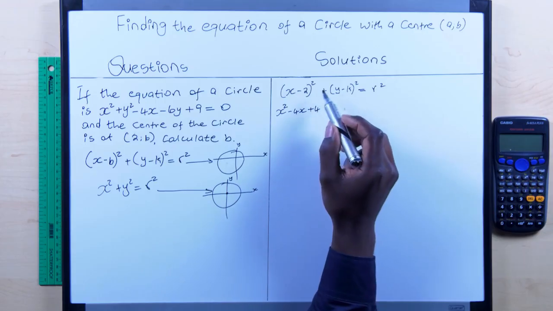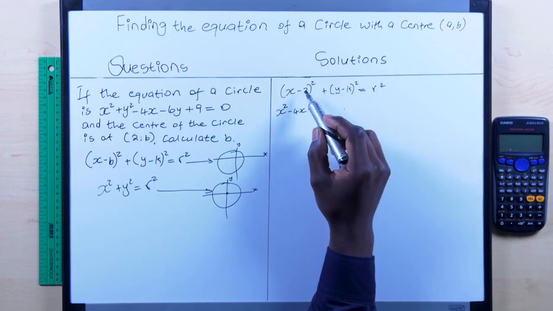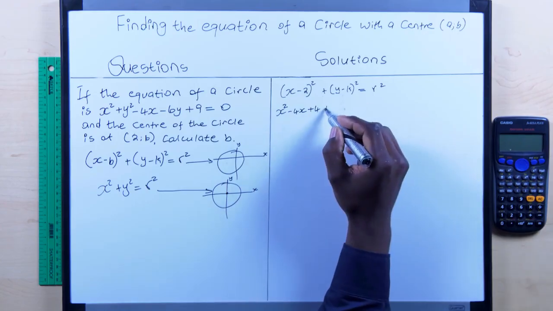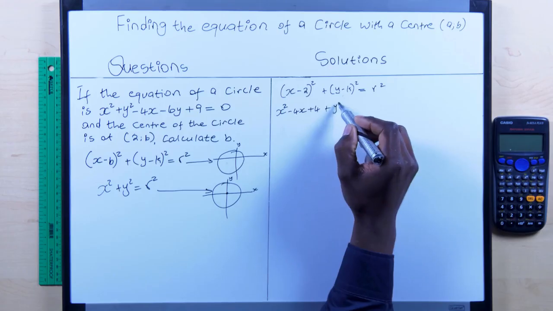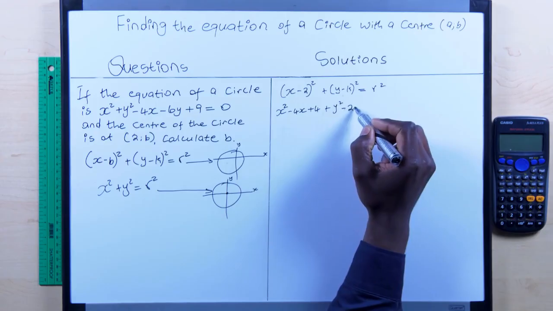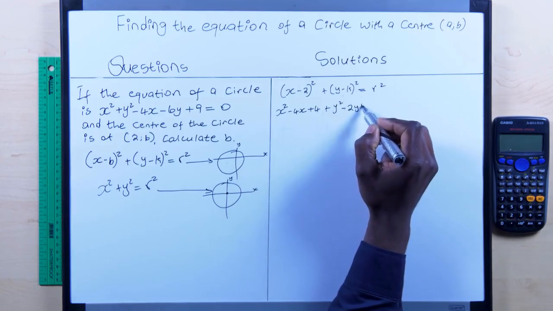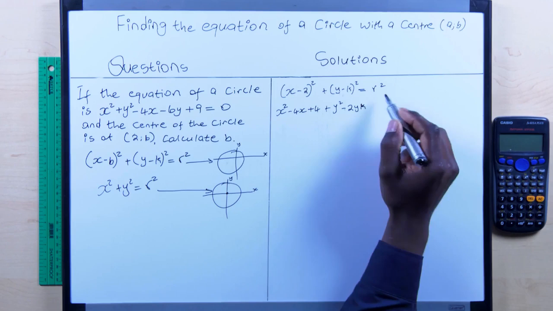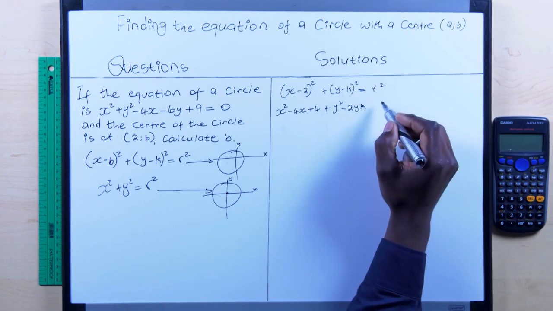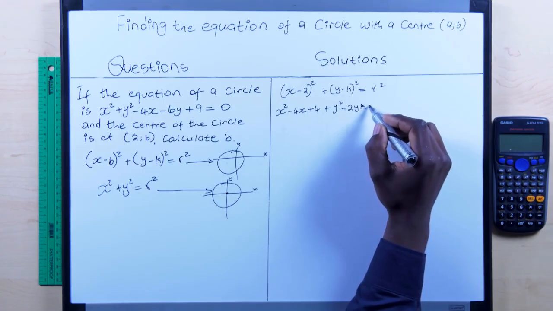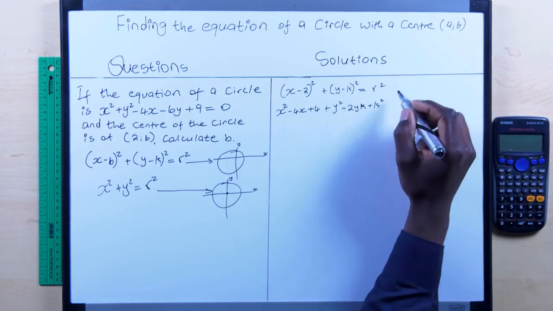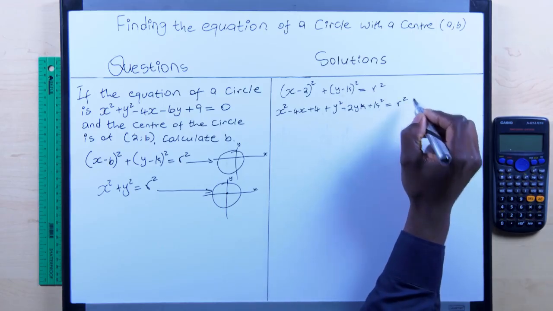Why do we say plus 4? Because negative 2 times negative 2 gives you positive 4. Expand this as well: y squared minus 2yk. Again, you're going to just have to make 2 brackets so that you can see what I mean. Plus k squared, is equal to r squared.